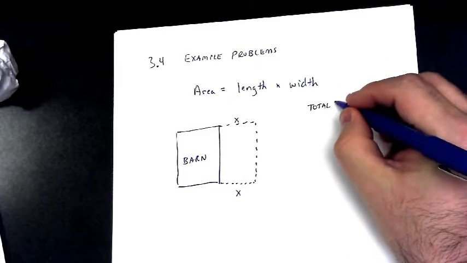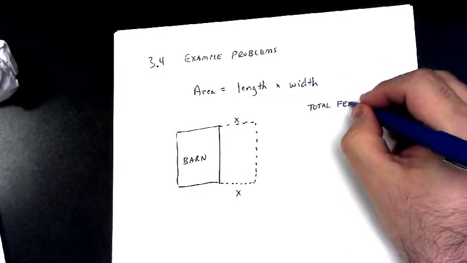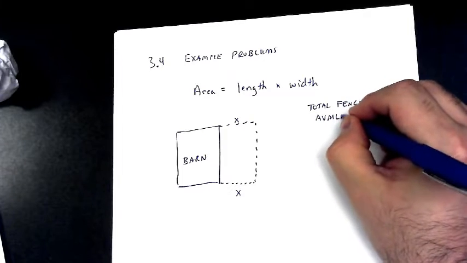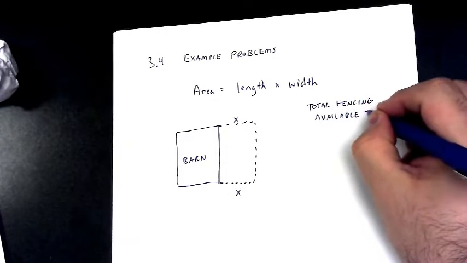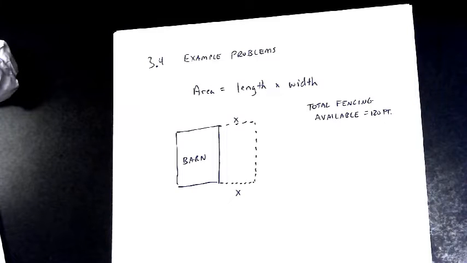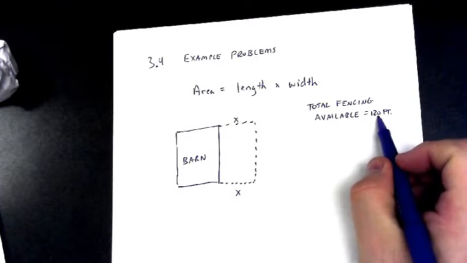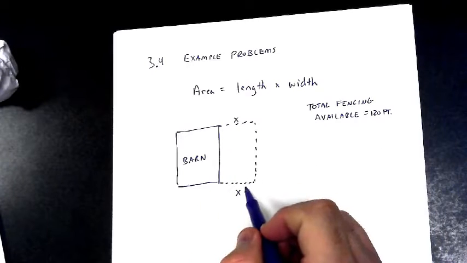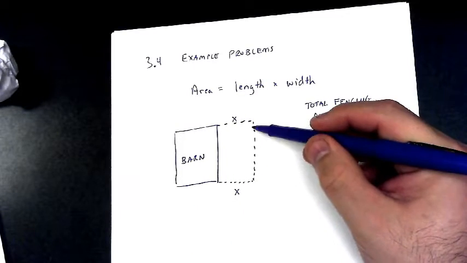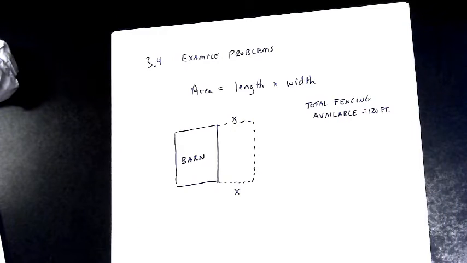The other thing you need to make sure you remember is that the total fence available is equal to 120 feet. So for that 120 feet, we've already got two sides that are x. We have to figure out something that we can use for this side over here.